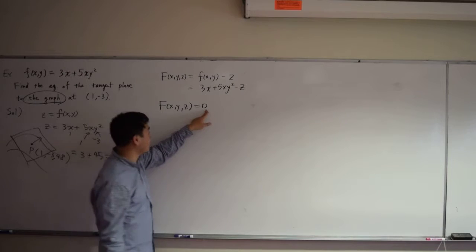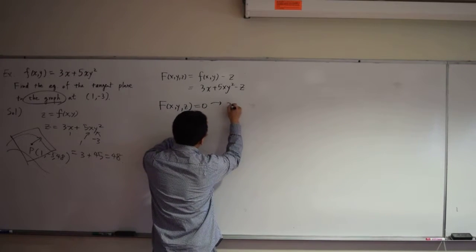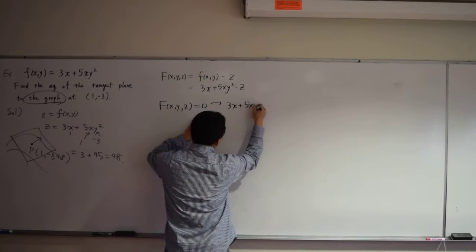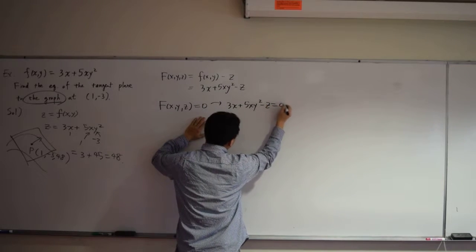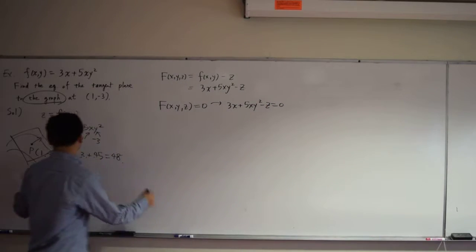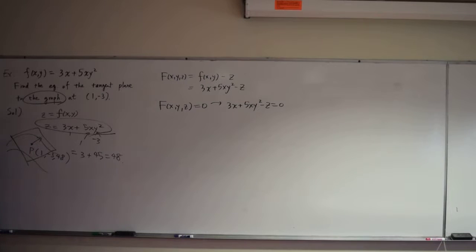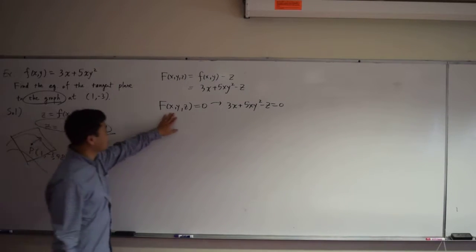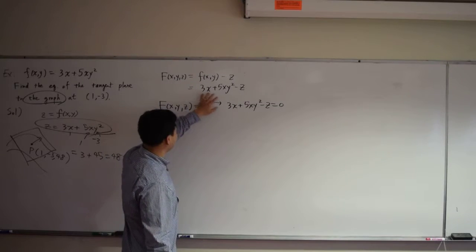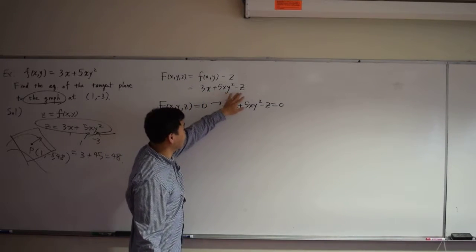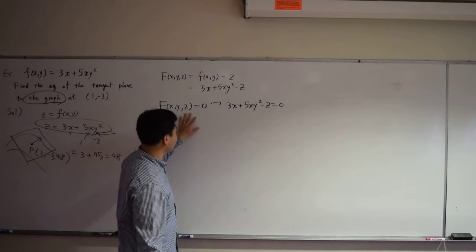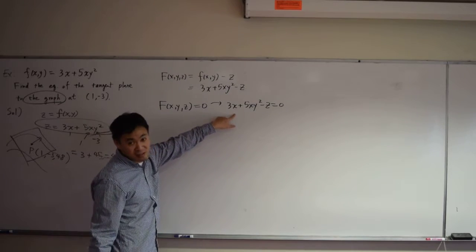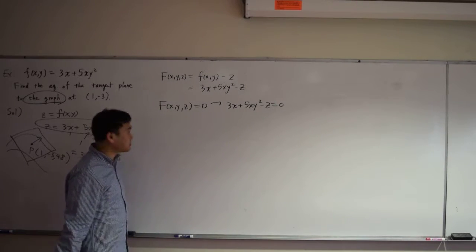Why is that? Because if I put 0 there, then I have 3x plus 5xy squared minus z equal to 0, which is exactly the same as the surface that we're playing with, right? So that's why we want to name this capital F(x, y, z) as f(x, y) minus z, so that I can think of this as a level surface of this function.